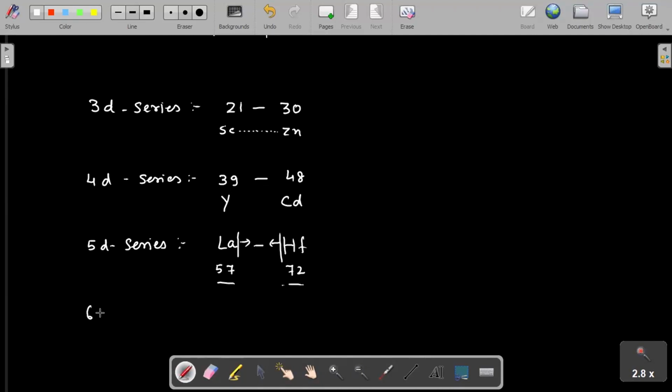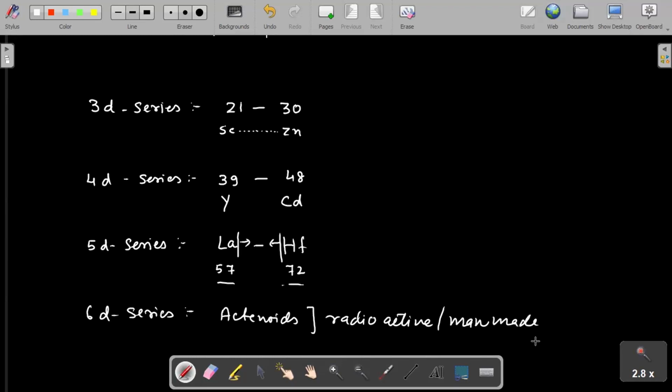We have the 6D series, that is called the actinoids. It is still not complete, it's an incomplete series. So we are still waiting for more elements coming in this series. Most of these are radioactive and synthetic.